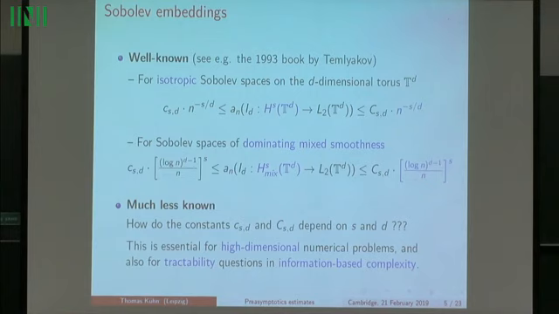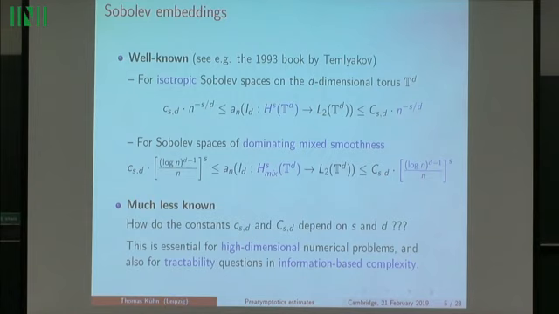So another classical result is for Sobolev spaces of dominating mixed smoothness. I denote them by H as mix. So the mixed smoothness is S. And if you embed this into L2, the approximation numbers behave now like log n to the d minus 1 over n, and all this to the power S. So we have, again, the same bound here, upper and lower bound, but with unknown constants.